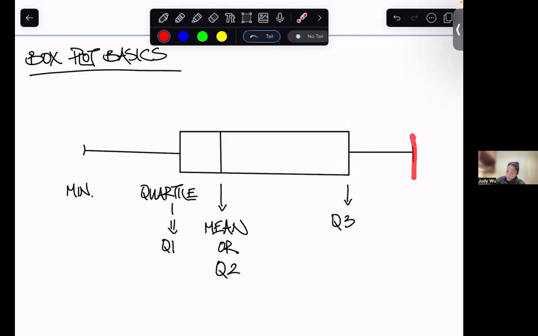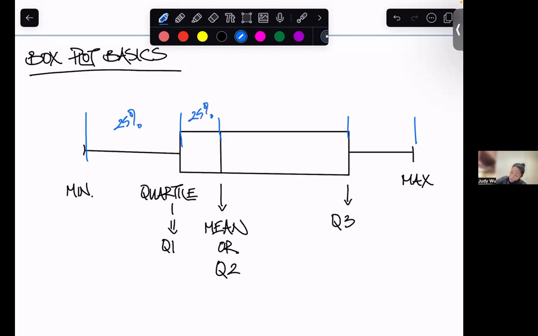And then when we get all the way to the end, this is where our maximum is, okay? And so basically this chunks our data into 25% clumps, all right? So there's 25% of the data here, 25% of the data here, a quarter of the data here, and a quarter of the data here, okay?